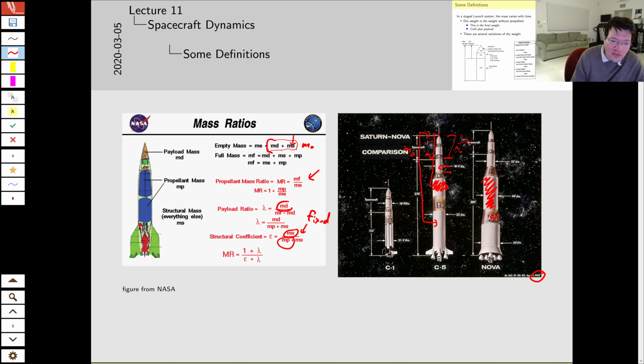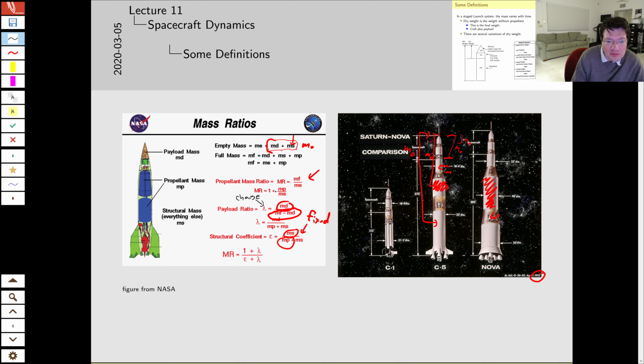Your payload is typically fixed, and then you can adjust the size of the stage compared to its payload. So that's lambda. You get to choose this. So we can play with lambda. The structural coefficient is fixed. We don't get to choose this. We can only choose lambda.